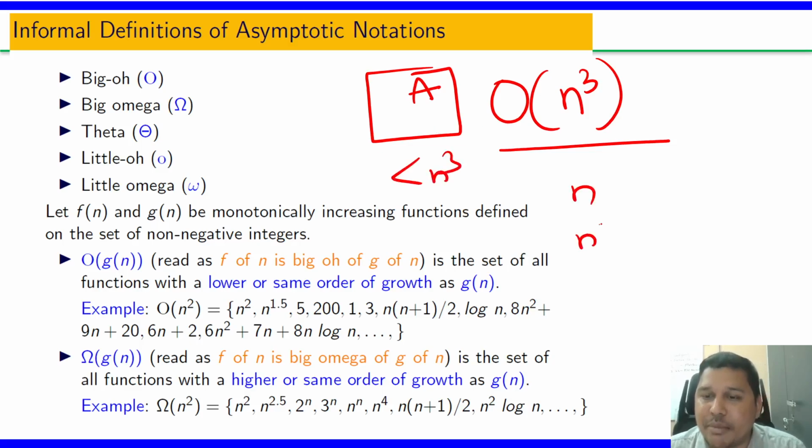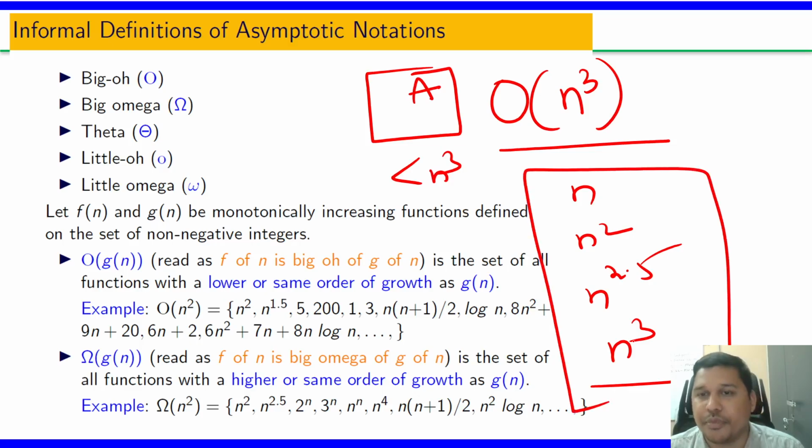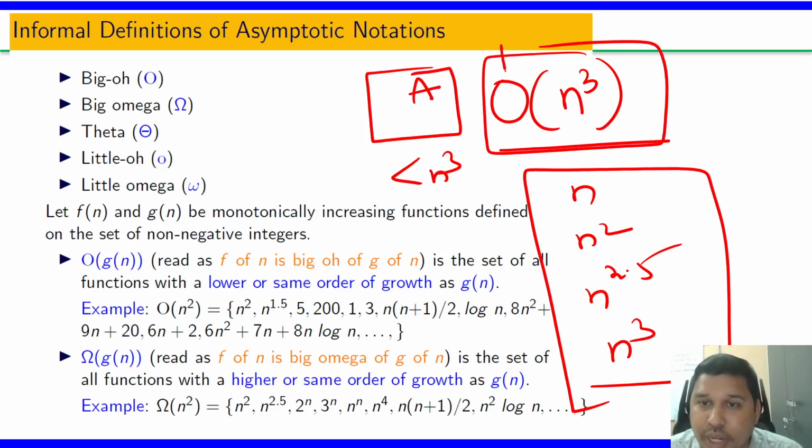Sometimes n square, sometimes n power 2.5, and even n cube also. That is the meaning of order of n cube. So you have to use big O notation if the order of growths are less than or equal to n cube.